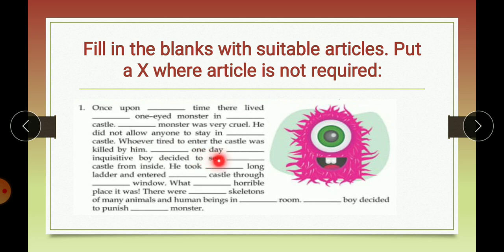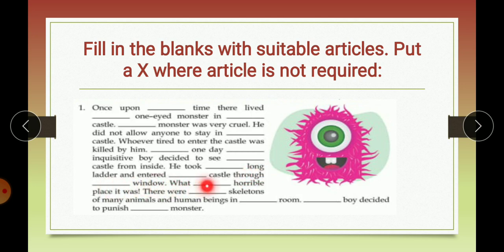One day an inquisitive boy, because I is a vowel and it is having a vowel sound, so an inquisitive boy decided to see the castle from inside. He took a long ladder and entered the castle through a window.